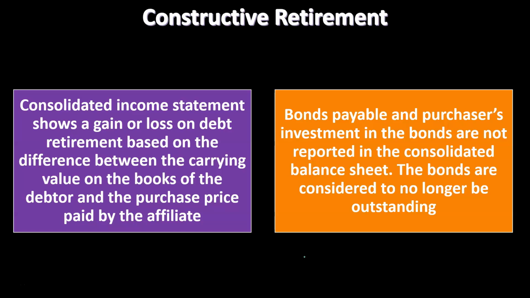So we'll do the same kind of process that you would expect with the consolidation entries. We're going to remove the bonds because now they're owned in terms of an intercompany transaction. And we're going to be removing the related premium or discount on the bonds, and we'll have to deal with the revenue and the expenses, the interest income and the interest expense.